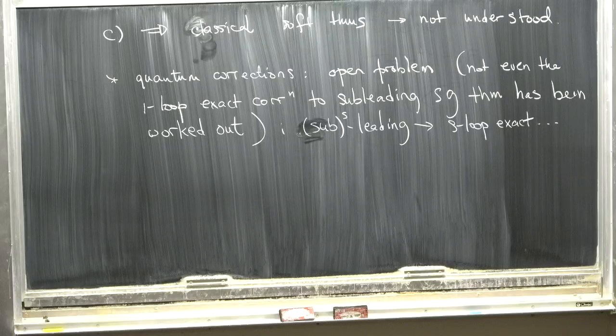So this means that they should be primary operators in a two-dimensional conformal field theory, whose insertions into correlation functions involving other operators should somehow be fully determined by this W infinity symmetry. And we're going to see in a moment, hopefully by the end of today, why that is the case. The only input, just to remind you, to get all of these results was gravity and Lorentz symmetry. And we're going to see this also from a dual 2D CFT point of view by the end of this lecture.